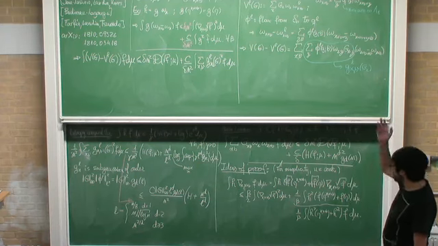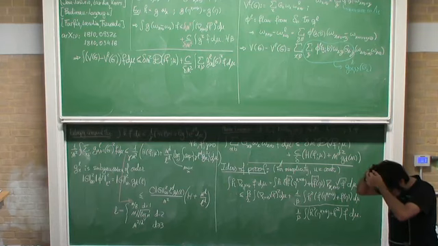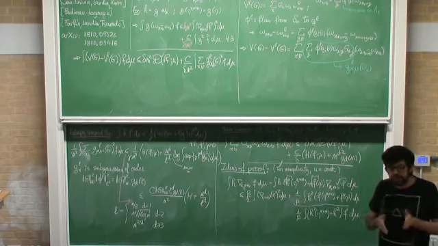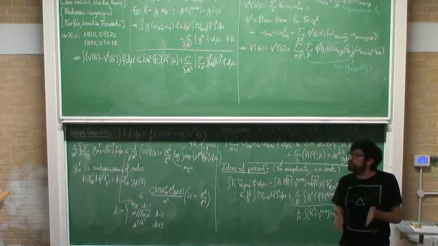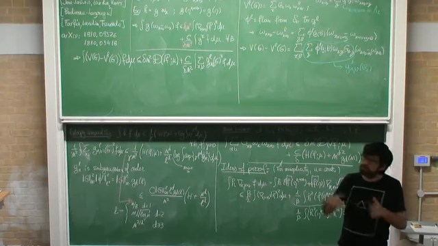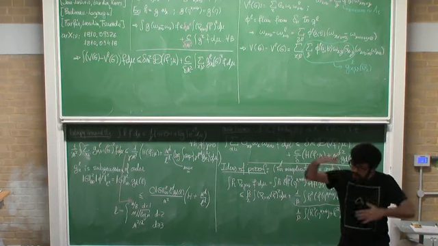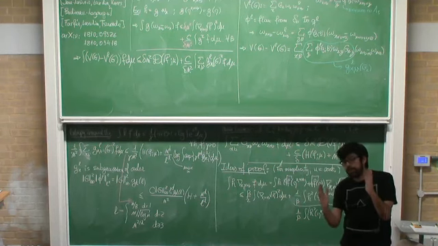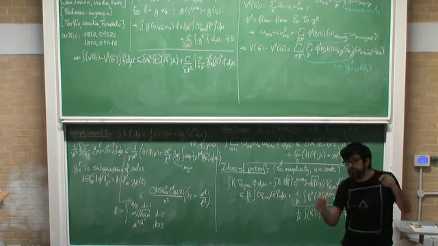And even if you don't have the reaction part, this heuristic is still true, because if you don't have a reaction part but you have a profile which is not uniform, what you see locally is a diffusive driven system, because the density is not uniform.